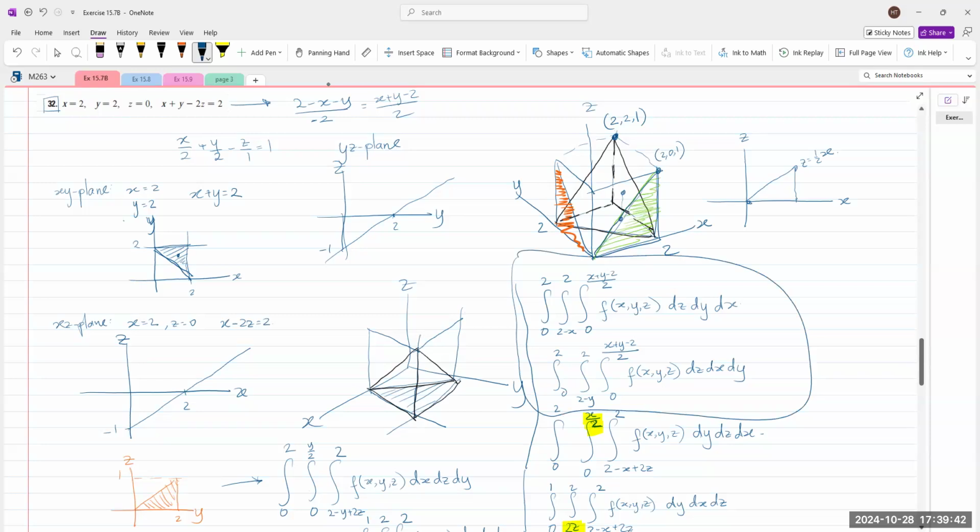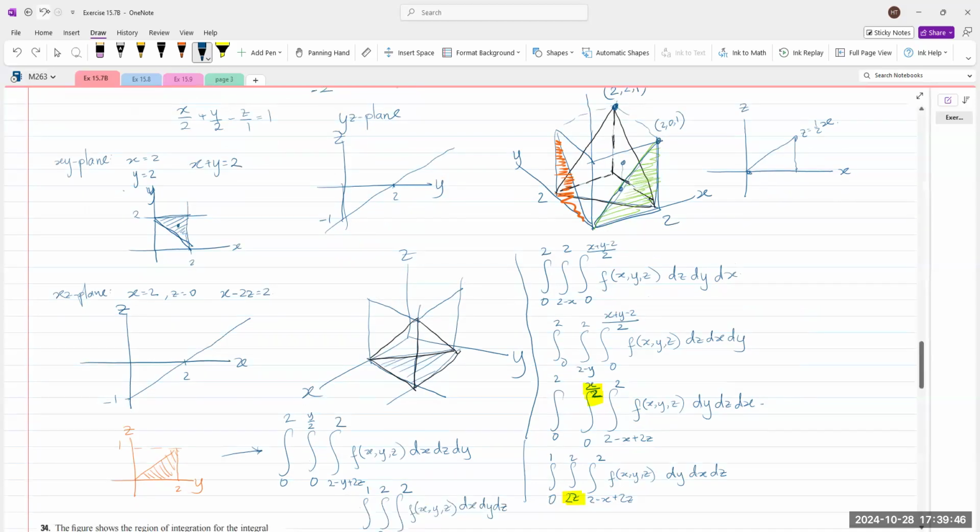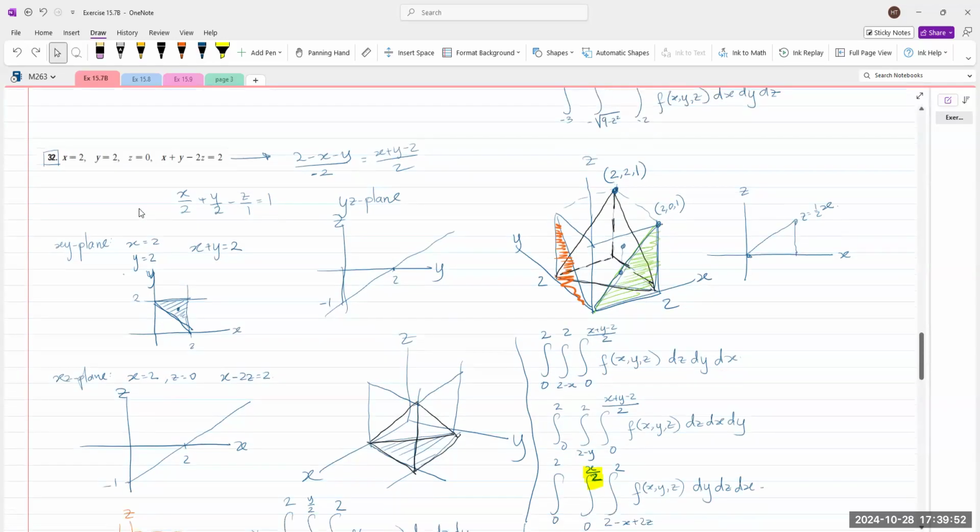Others are actually quite hard to do. Now I show you how difficult this can be to emphasize that this part is not easy. It takes a lot of practice.